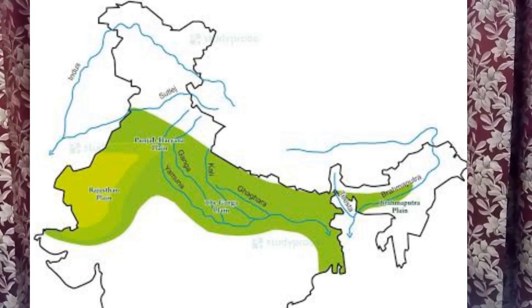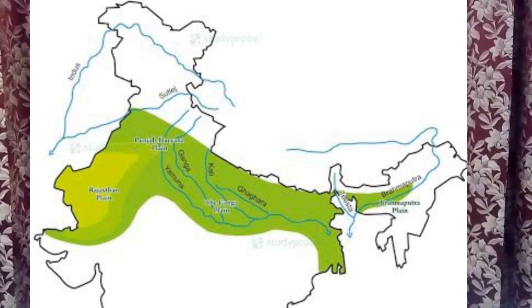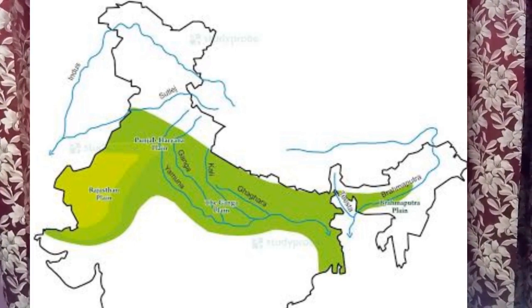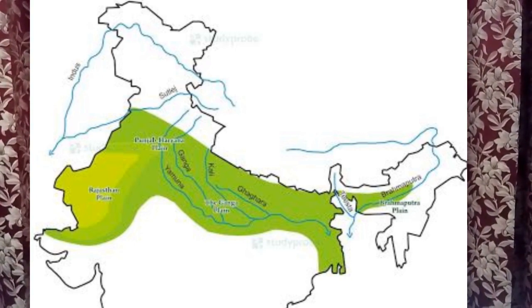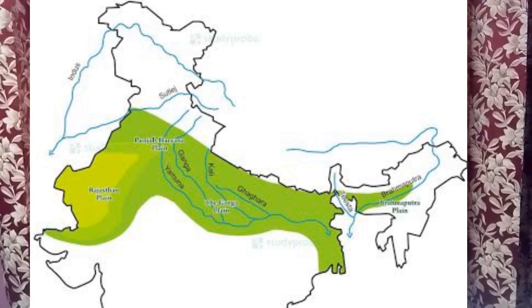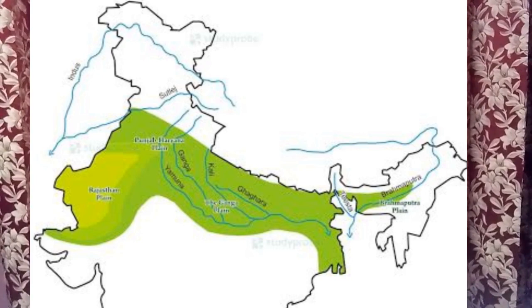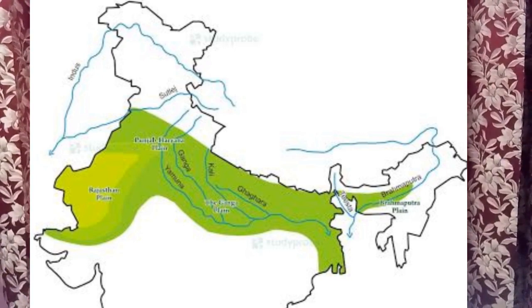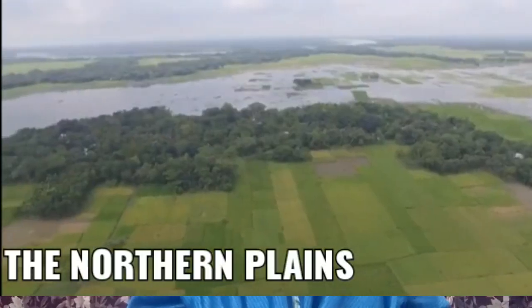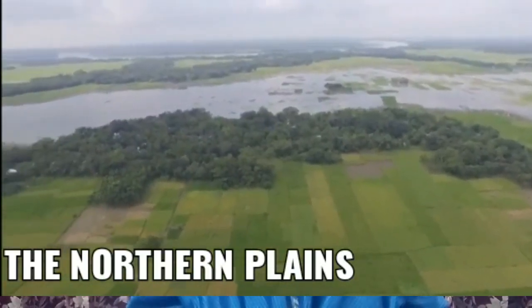At first we discussed the northern mountains. Now we are going to see the northern plains. In the map, the green color is marked as the northern plains. Over here the land is flat, and not only flat, it is very fertile.